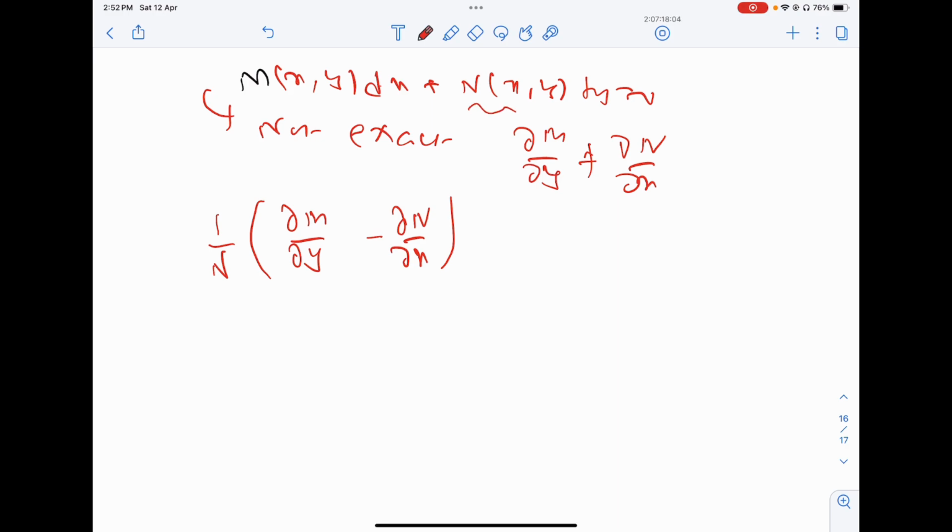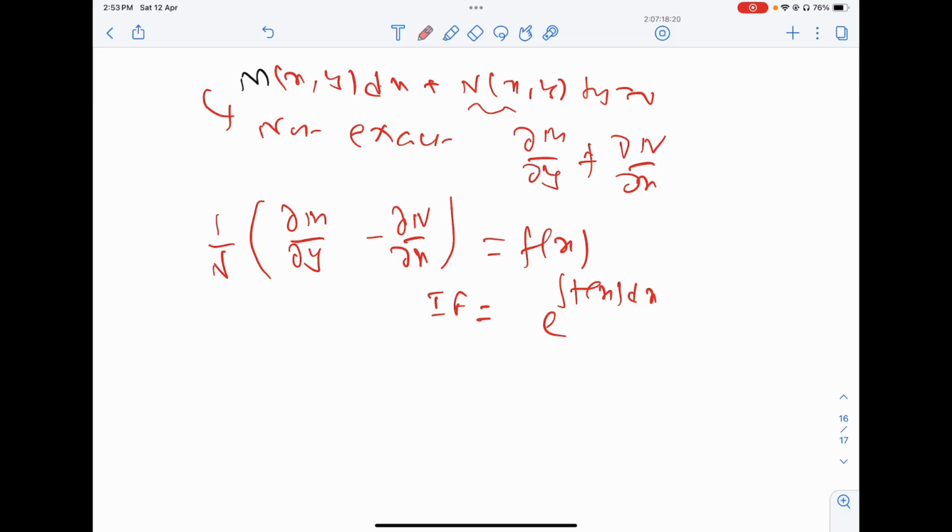If it is a function of x only, then the integrating factor is e to the power integration f(x) dx.